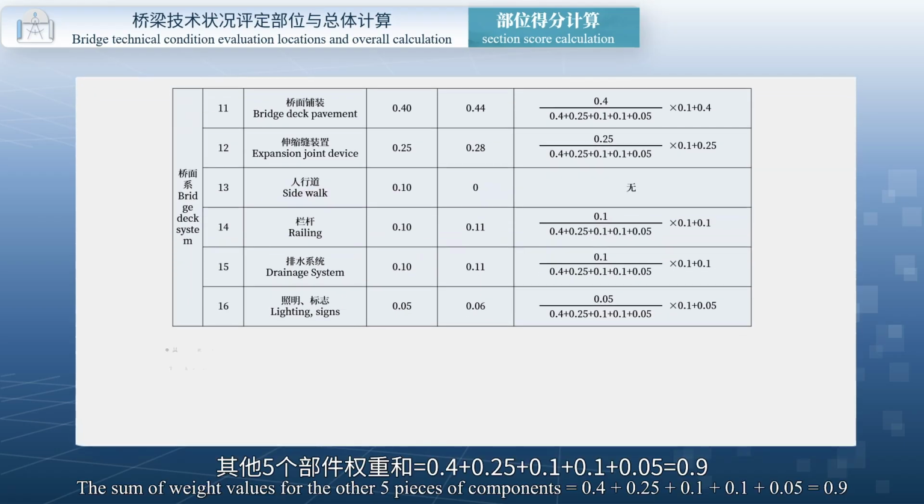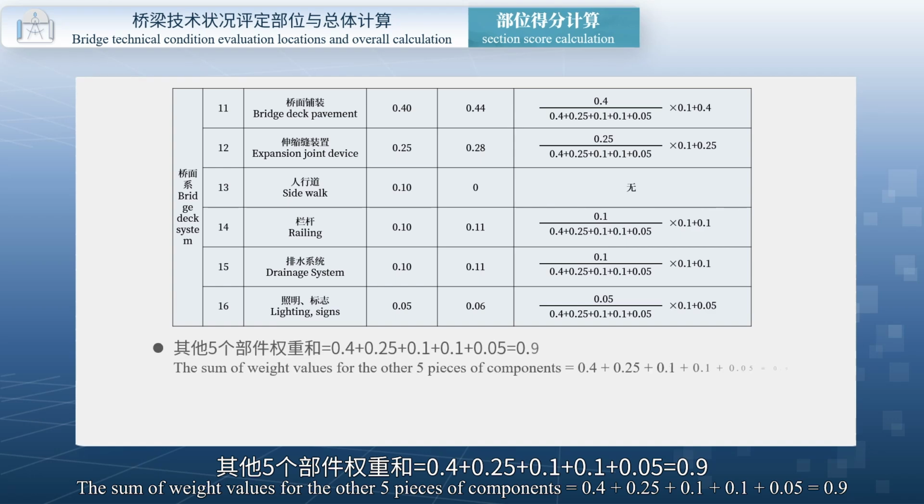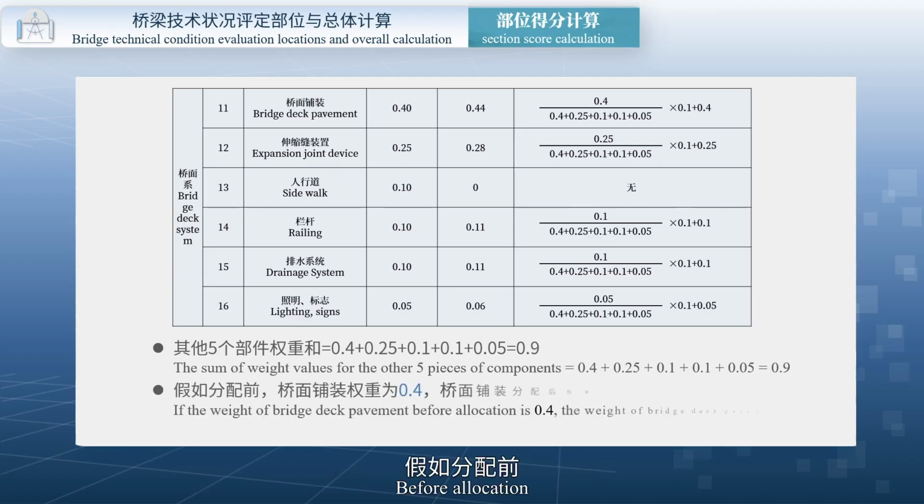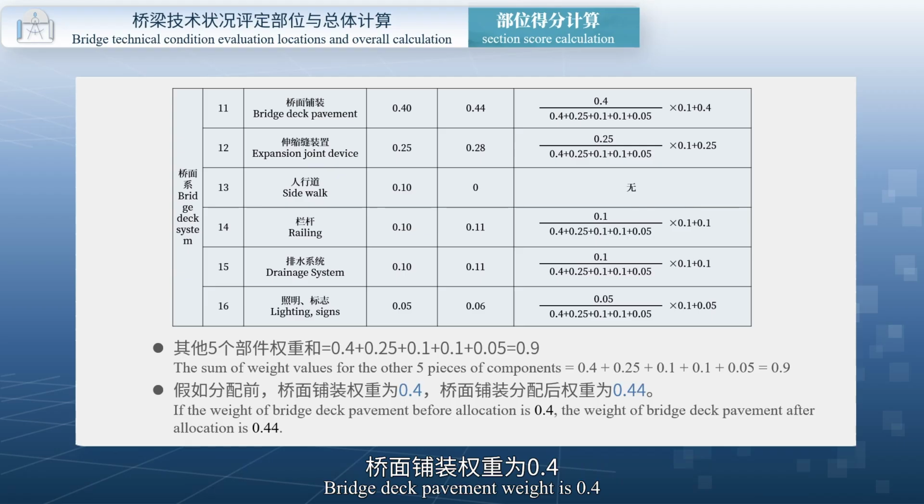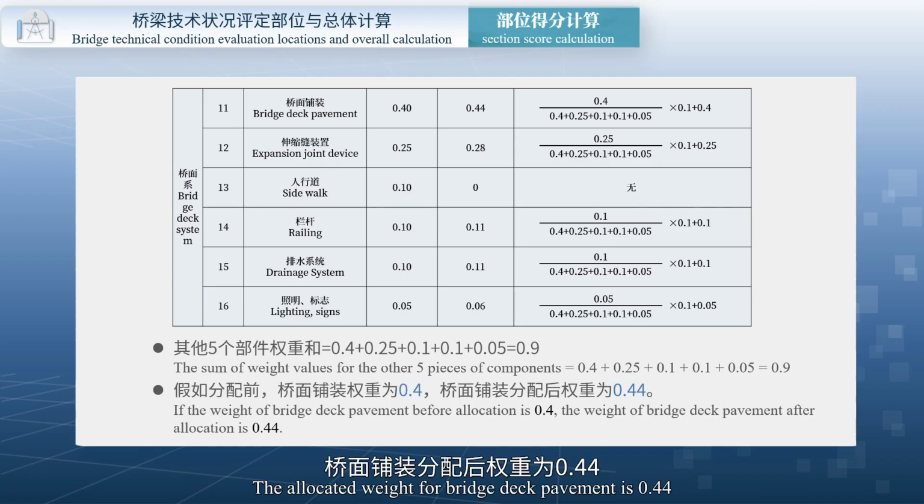The sum of weight values for the other 5 components equals 0.4 plus 0.25 plus 0.1 plus 0.1 plus 0.05 equals 0.9. Before allocation, the bridge deck pavement weight is 0.4. The allocated weight for bridge deck pavement is 0.44.